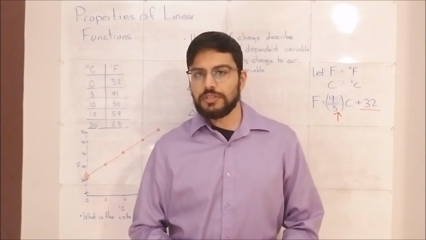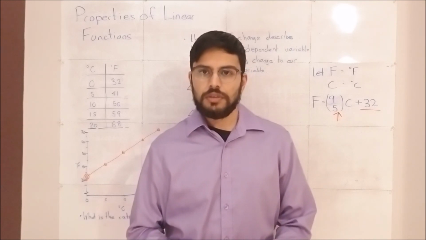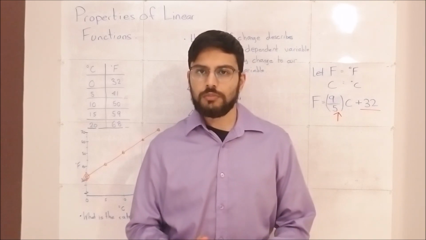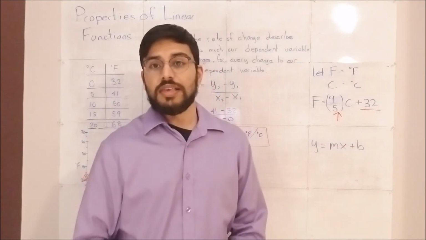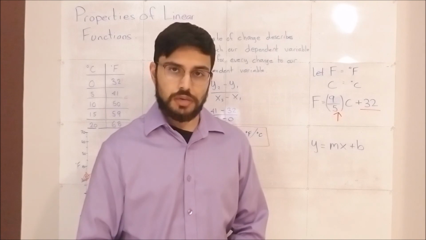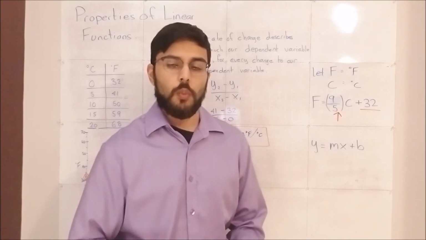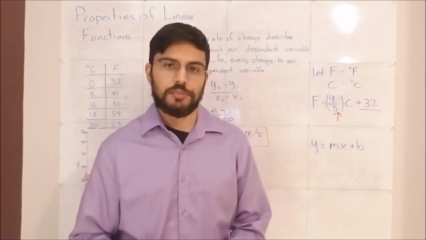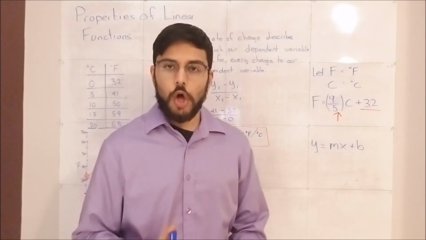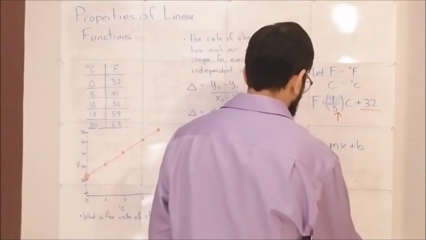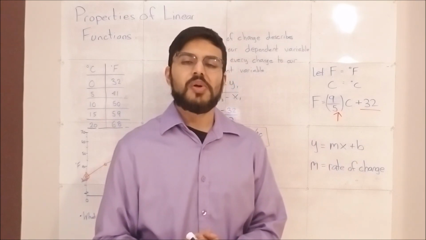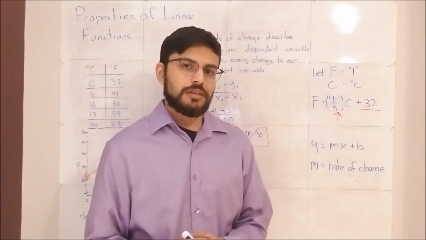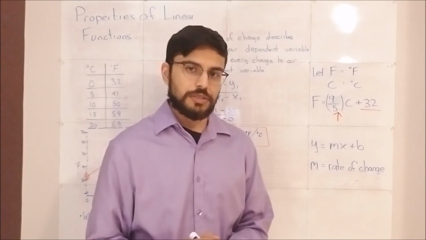These are properties of linear functions. When you have an equation of the form y equals mx plus b, where y is your y variable, x is your x variable, m will always be your rate of change. And b will always be your y-intercept.